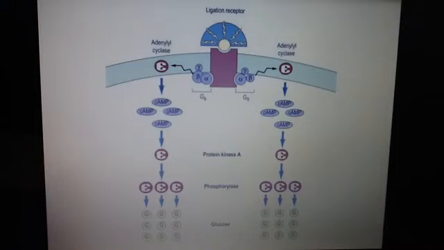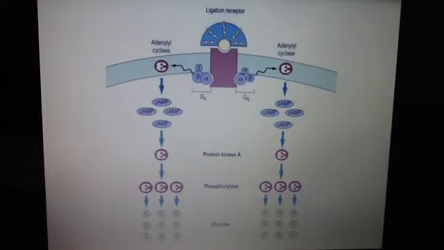Each activated receptor complex can stimulate multiple G proteins, and each activated adenylyl cyclase can then generate many cyclic AMP molecules.